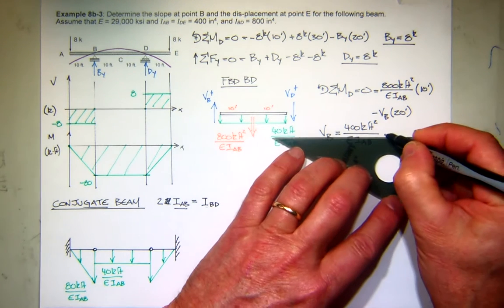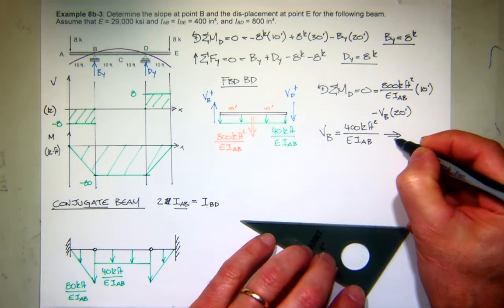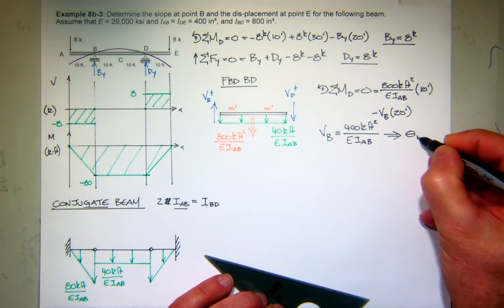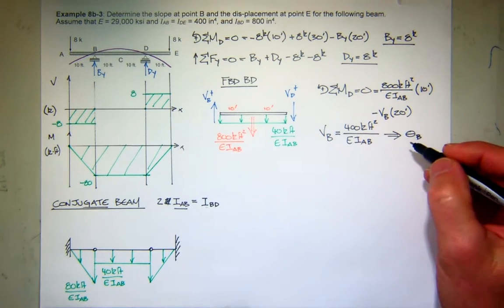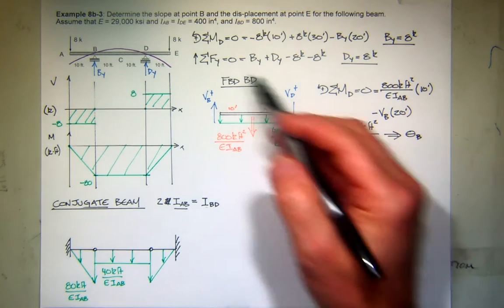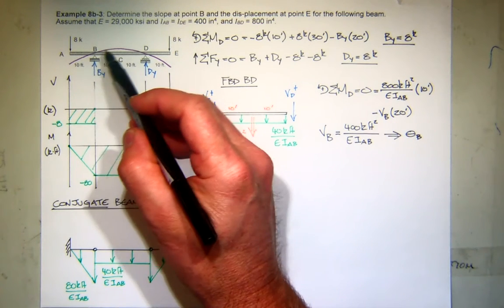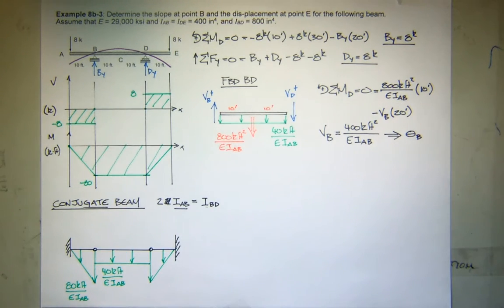And we know that the shear at B in the conjugate beam maps to the slope at B in the real beam. So there's our value. It came out positive, and that matches the fact that we thought it would be positive slope.